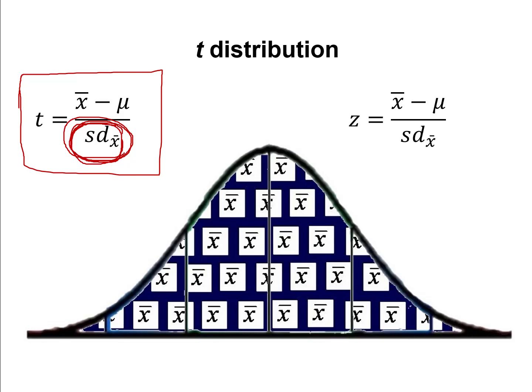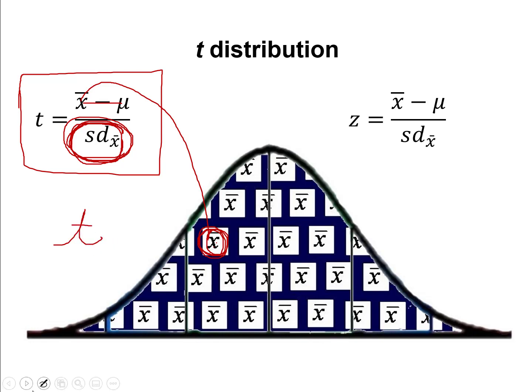I'm estimating it based on my sample size. So let's take the mean from this study right here. I'll circle this x bar here. I'm going to take that mean minus the true population parameter and divide it by my estimated standard error of the mean based on my sample size, and I'll convert that x bar into a t-score.